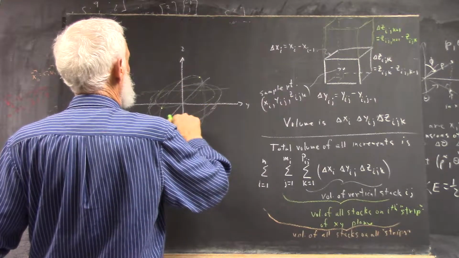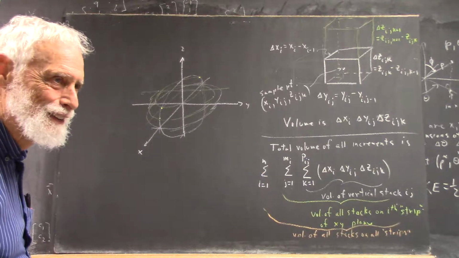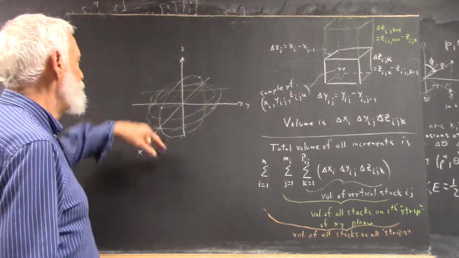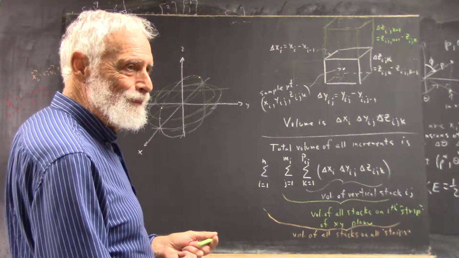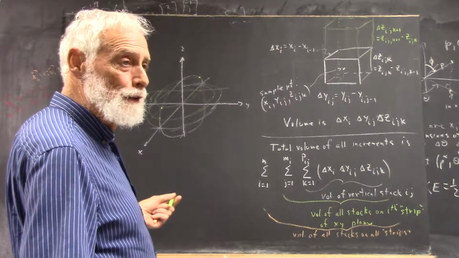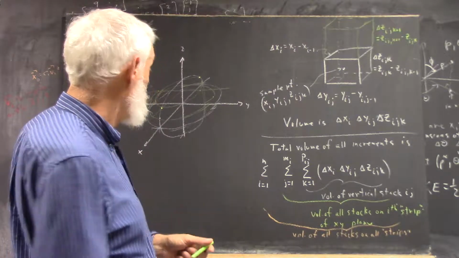But parts of these circles are hidden, so you erase the hidden parts, okay? Then you figure out what's hidden and what isn't. And if you do that carefully, you actually get a reasonably decent representation of a sphere.